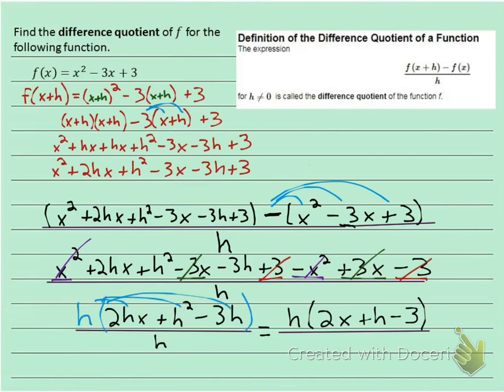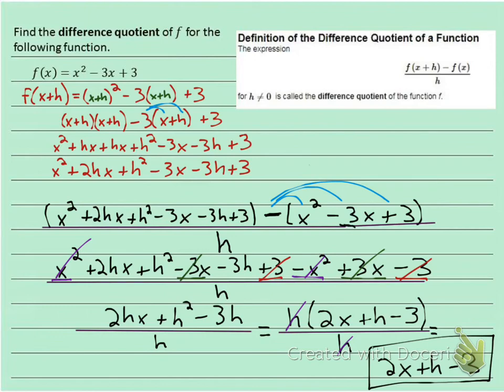And I took it out in the front. And now, all over h, guess what? This h and this h will cancel out. So I will be left with my answer, which is 2x plus h minus 3. And that's my answer.